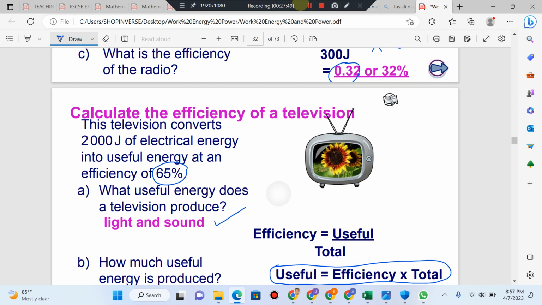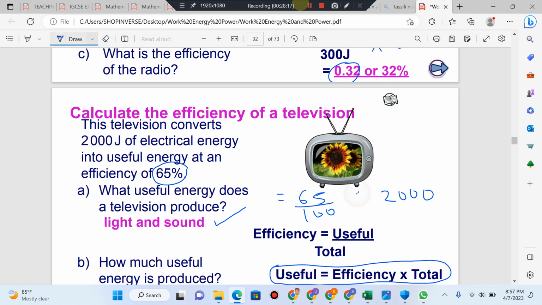Alright, so I'm going to solve it. Useful energy is your efficiency, which is 65%. You multiply it by 2000 joules. Take note that percentage means per 100, okay? So instead of writing percent here, I can write it as 65 over 100, and then I'll multiply that by 2000.